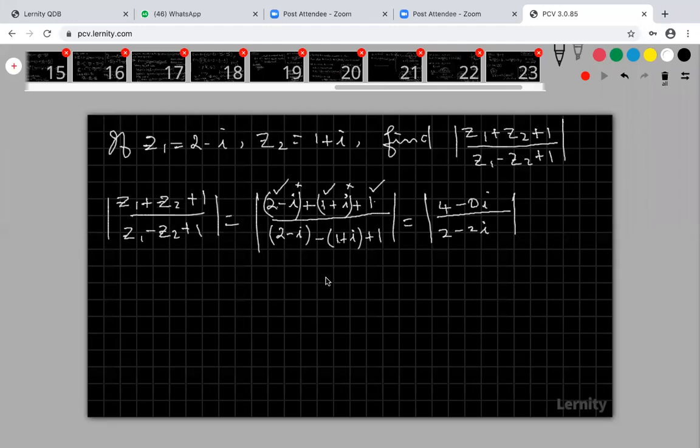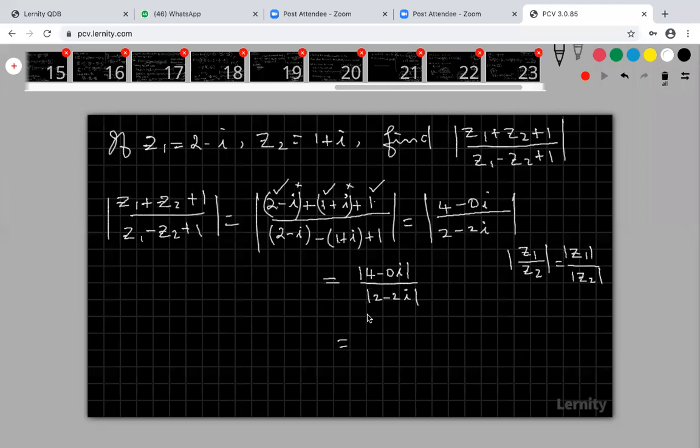So the denominator is 2 minus 2i. Now I am going to separate the modulus. Why? We have already discussed the properties: after dividing, take the modulus, that is equal to taking the modulus and then dividing. Both are equal.